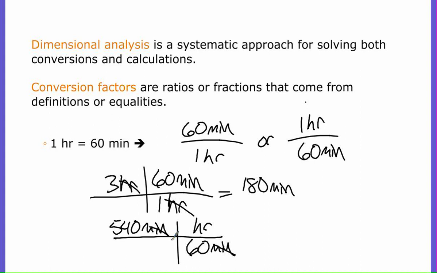So I'll put the 60 minutes on the bottom so that minutes cancel out. According to my work now, I need to divide by 60. So I'm going to take 540 and divide it by 60. And that should be equal to 9, I believe, hours.